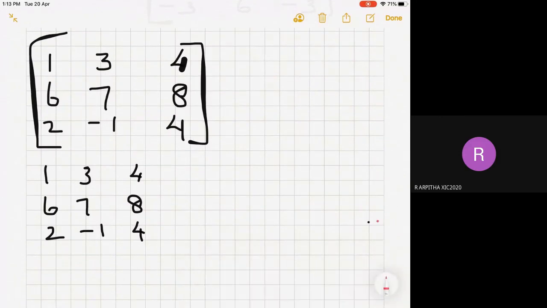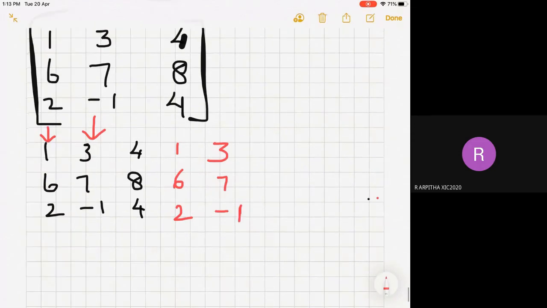First column I am copying, and parallelly you have to write. When you copy the column, you are making another column. First, the first column is repeated: 1, 6, 2. Again the second column I repeat: 3, 7, minus 1. I hope you understood this.